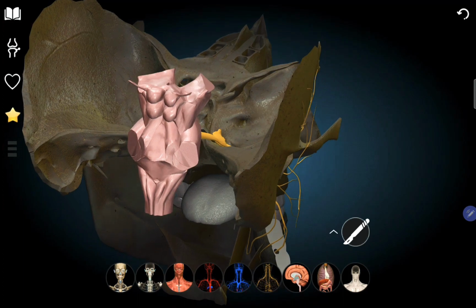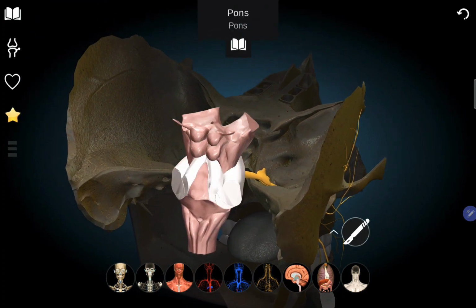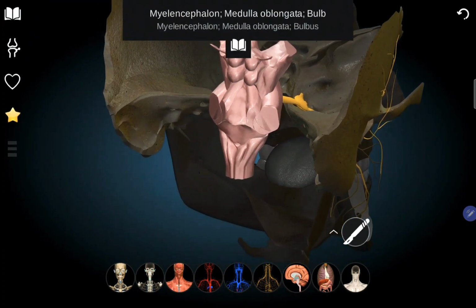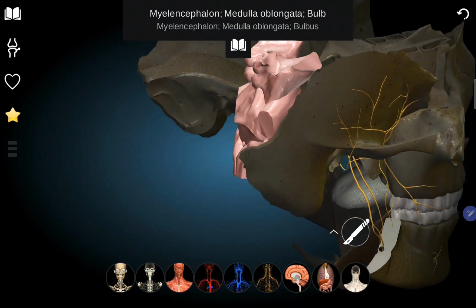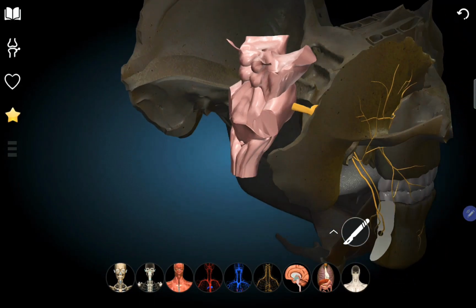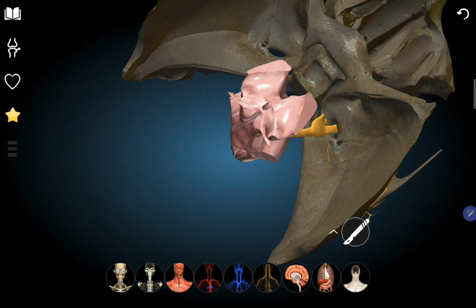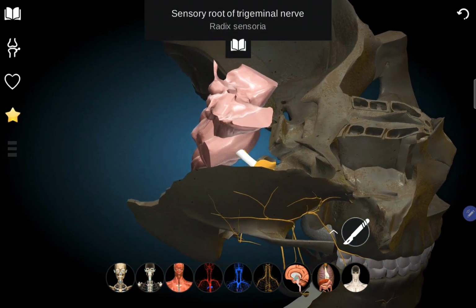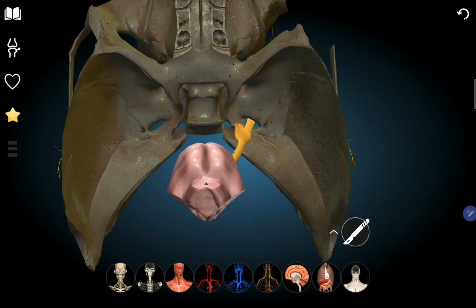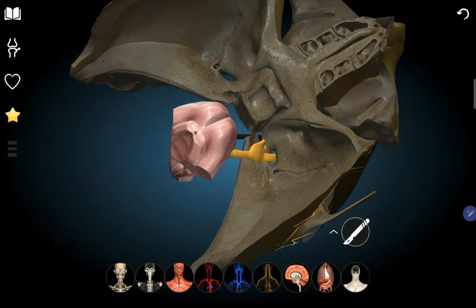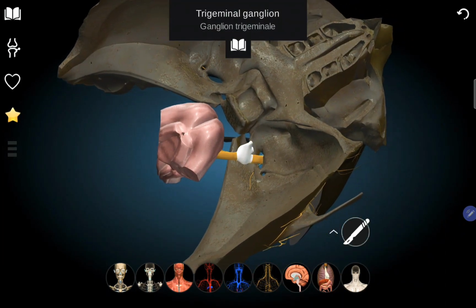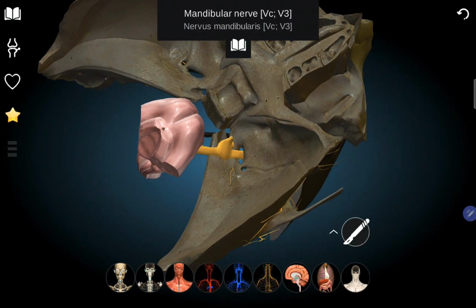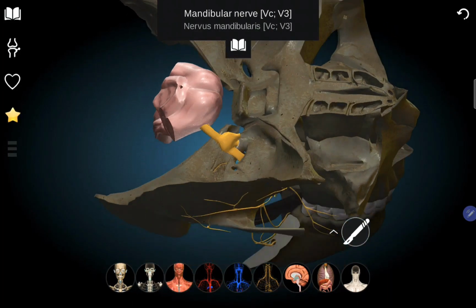So guys, coming to the third division of the trigeminal nerve, which is our mandibular division. If you can see, arising from the pons, we have the trigeminal nerve, we have the trigeminal ganglion, and the mandibular branch, or the third branch, passing through the foramen ovale.